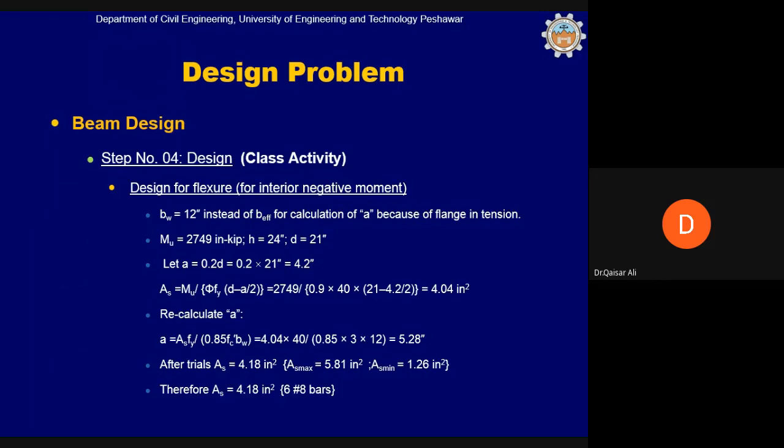If we again use number 8 bars, 6 number 8 bars will finally be selected. 6 number 8 bars will give us an area of 4.8 square inch. 4.8 square inch is much larger than 4.18 square inch, but this is a compulsion because the diameter of the bar available in the market must be taken into consideration while selecting a particular bar.